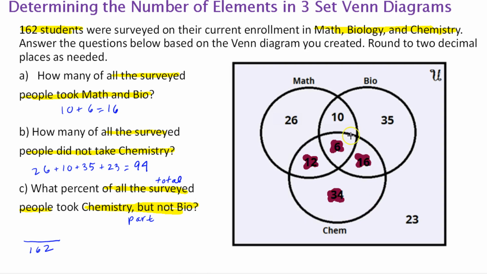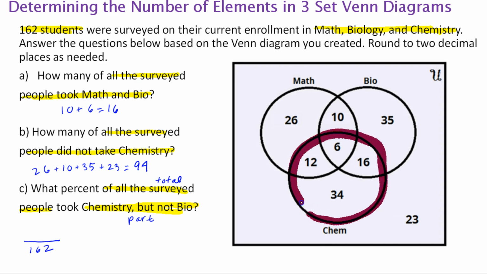So let's look at our diagram. And we'll circle chemistry, but we don't want bio, so these 2 pieces are bio, so I'm going to cross them out. So we have 2 pieces that are chemistry and not bio. They are 12 and 34, which is 46.